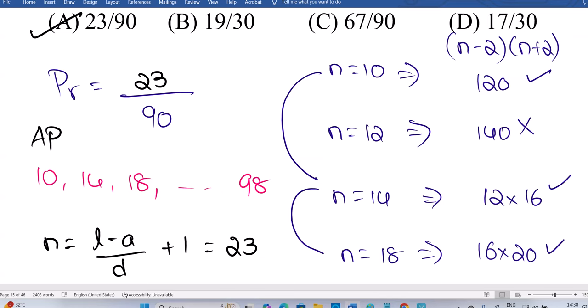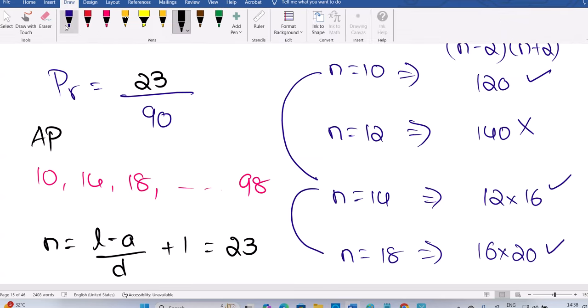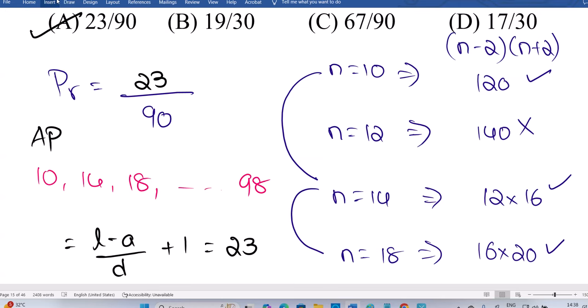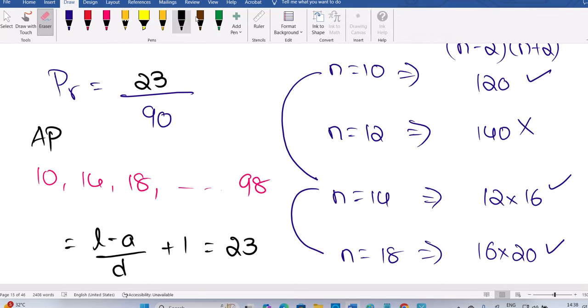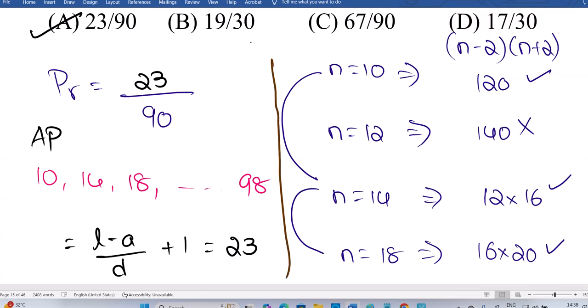23 divided by 90. Number of terms. Okay, again you may have a confusion. Here also n, here also n. This is number of terms. I'll expand, or else you may get confused. Here, n means number of terms. L means last term, a means first term.